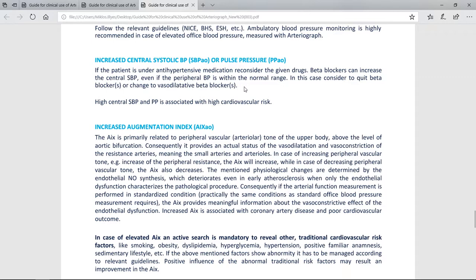Why? Because the patient's central blood pressure in most cases will be normal. So whenever we see a young subject with isolated systolic hypertension, high systolic blood pressure at a young age, we should perform the arteriograph examination assessing the central blood pressure.